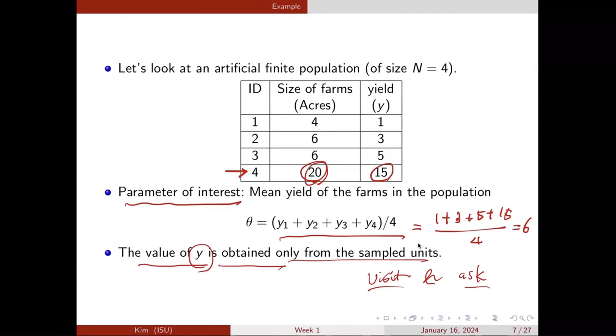Okay, so that means whether we include this farm in the sample or not creates a lot of variation. It's like a big company, right? Suppose you are investigating some kind of total, total of whatever commercial product, and there's a big company like Apple.